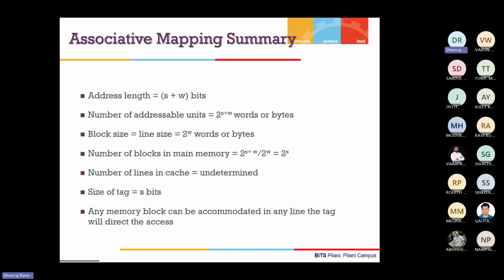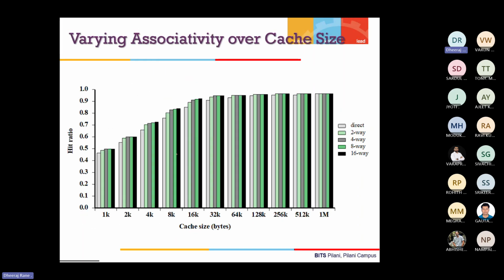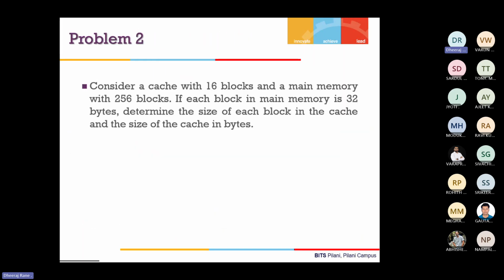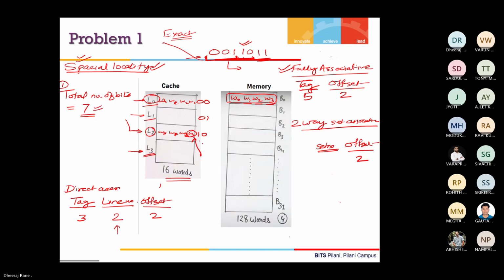If it is two-way set associative, where two possibilities are there, for identifying the offset within the set, how many bits will we require? Ultimately, it will be one bit.